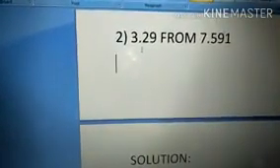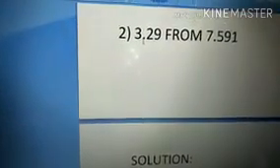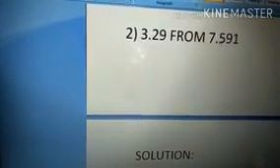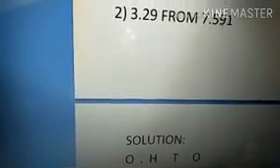Second problem, subtract 3.29 from 7.59. So solution: first, after and before the decimal, how many digits do you count, children? Before 1, here after 2. Here also before 1, after we have 3. So after we have 3, the maximum only I take and write.